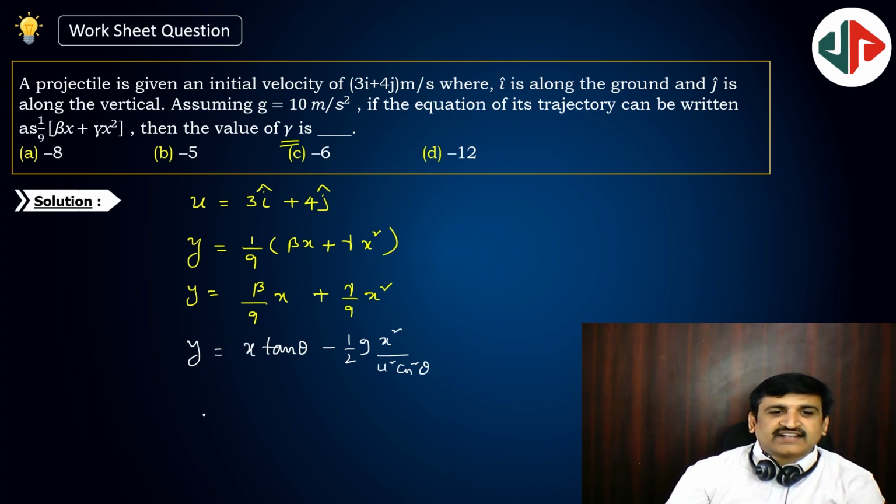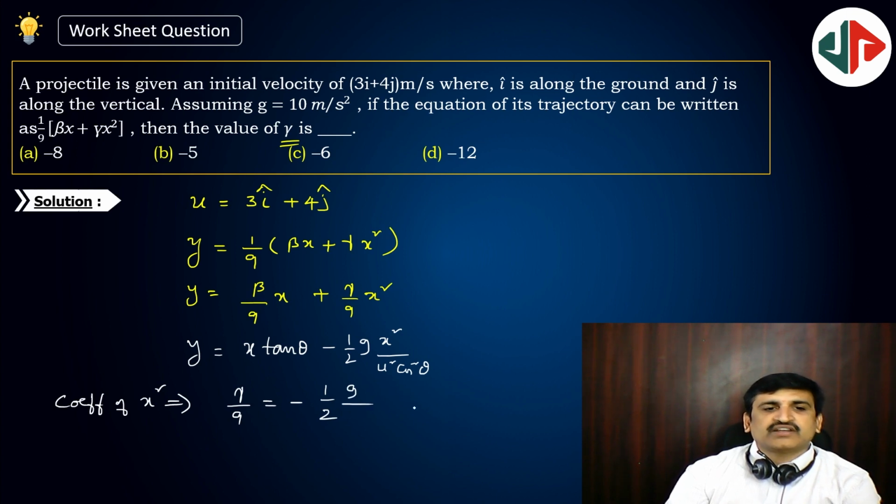So here I want gamma. I want to equate the coefficients of x square. Coefficient of x square implies gamma by 9 is equal to minus half g by u square cos square theta.